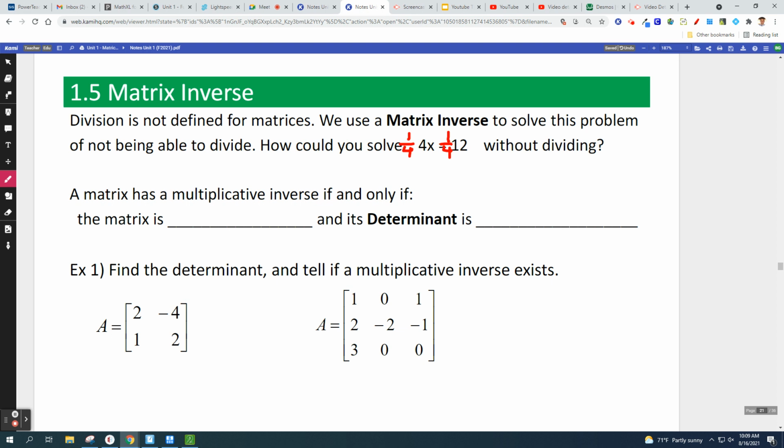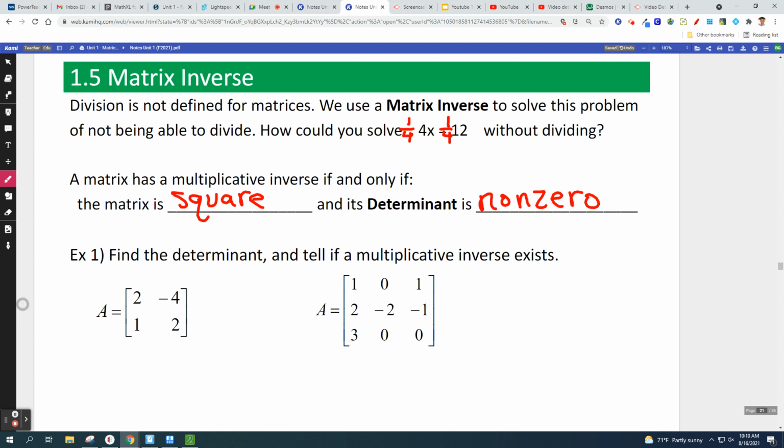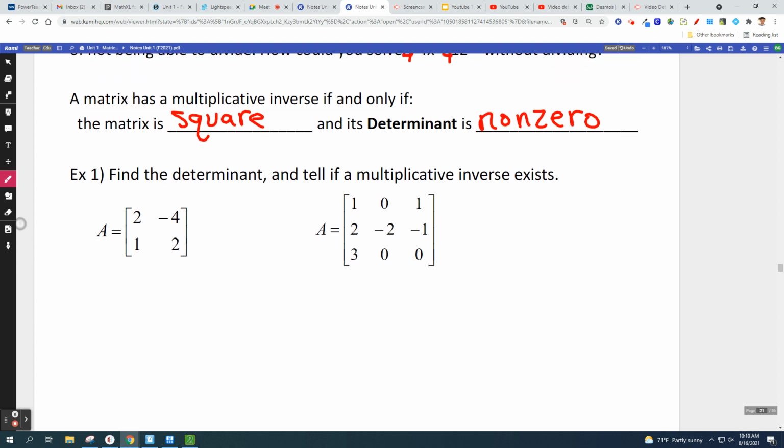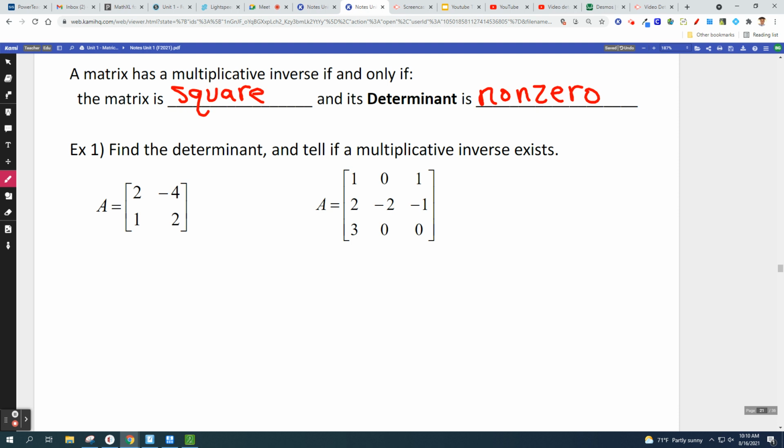A matrix has a multiplicative inverse if and only if the matrix is square, meaning 2 by 2 or 3 by 3 or 4 by 4, and its determinant is non-zero. So sometimes there won't be a multiplicative inverse.